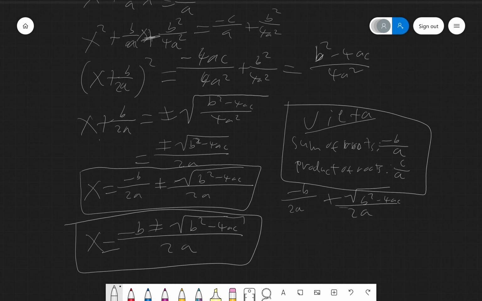This is where we have to use the first formula rather than the second one. Then we add negative b over 2a minus the square root of b squared minus 4ac over 2a. Now, the square roots cancel, and we get negative 2b over 2a, which is equal to negative b over a. So that's the sum. We multiply them. I'm not going to do it, but do it as an exercise, and you will get c over a.